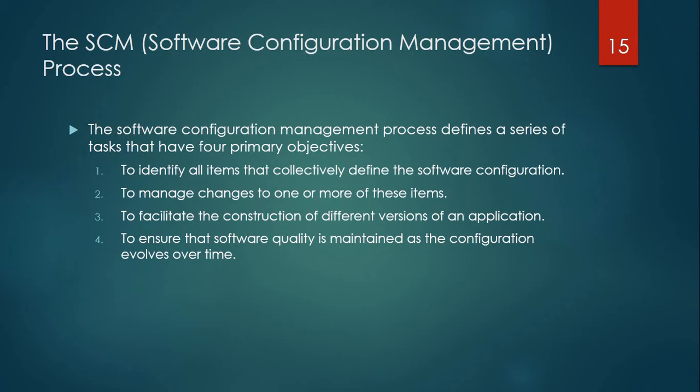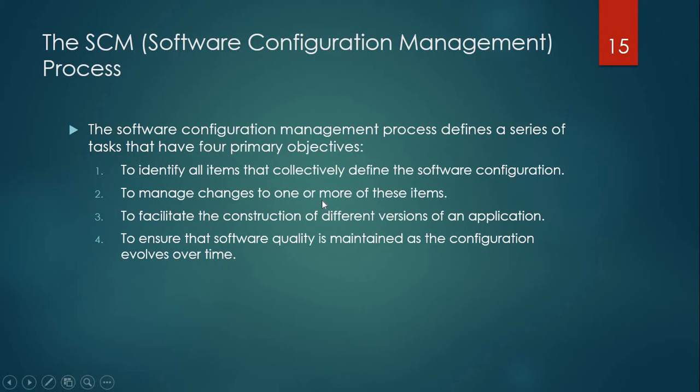The software configuration management process defines a series of tasks that have four primary objectives. First is to identify all items that collectively define the software configuration. Second is to manage changes to one or more of these items. Means if some changes happen, they will have to be identified first and after that managed. Third, to facilitate the construction of different versions of an application.